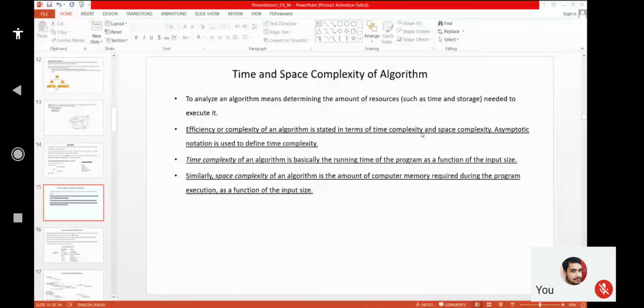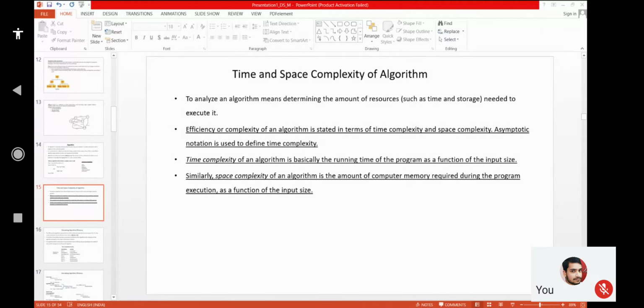And we basically use asymptotic notation. Second point here, asymptotic notation to define time complexity. There are three types of notation.